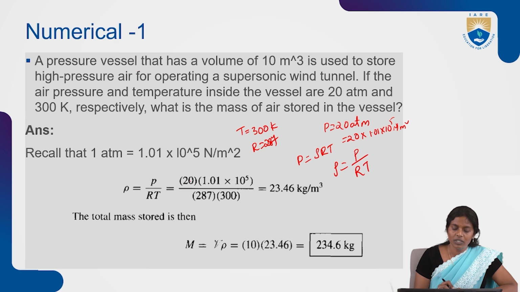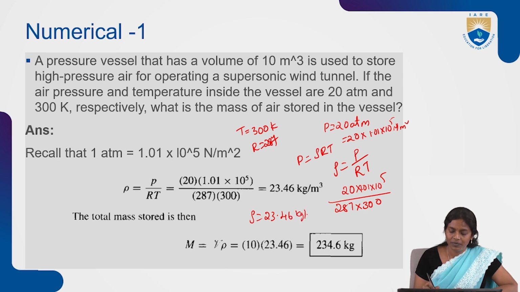So now we can substitute. Pressure is 20 into 1.01 into 10 power 5 divided by 287 into 300. From there we got rho equal to 23.46 kg per meter cube, right?